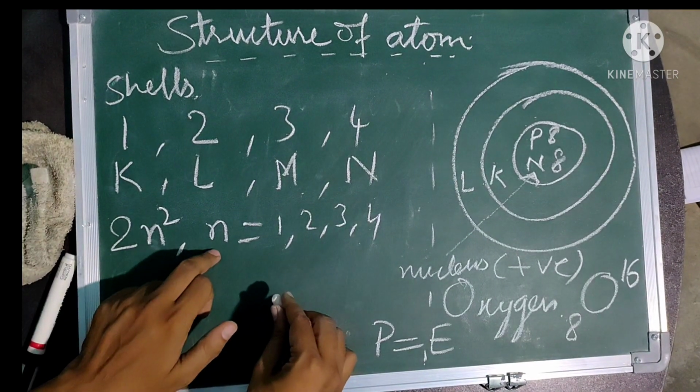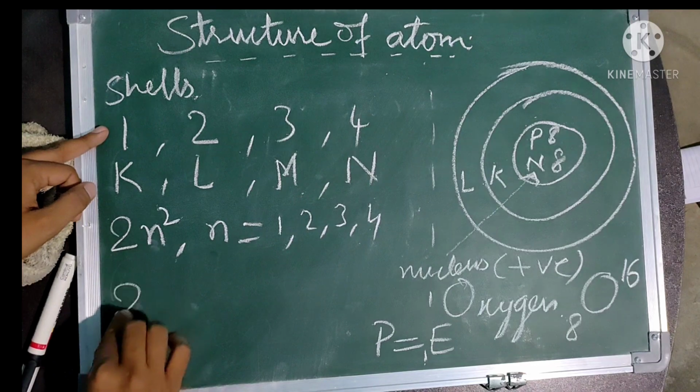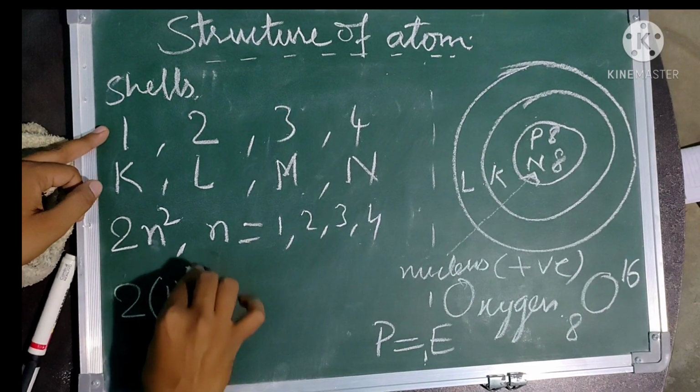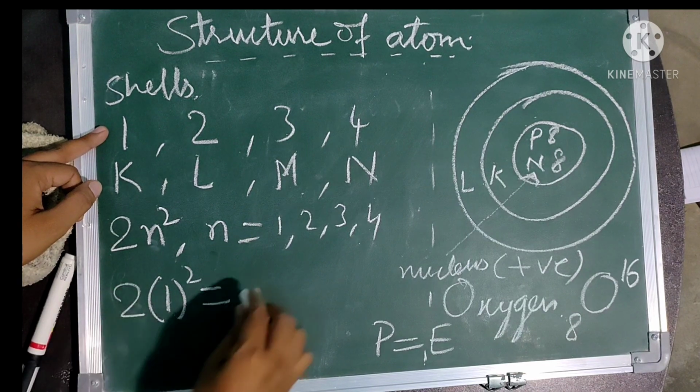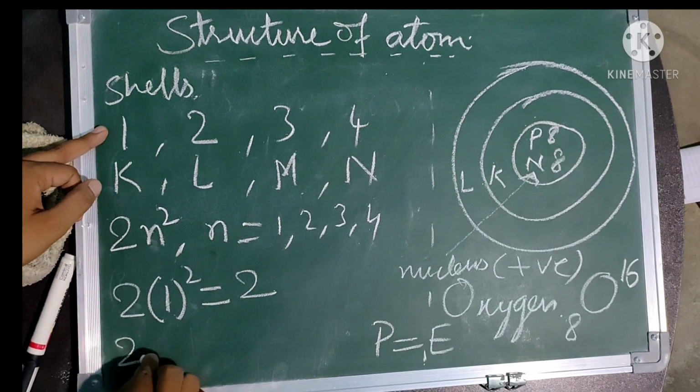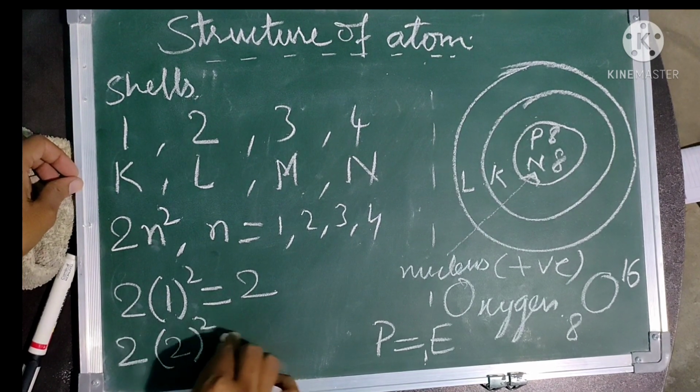The first shell will have how many electrons according to this formula? 2 into 1 square, that is 2.